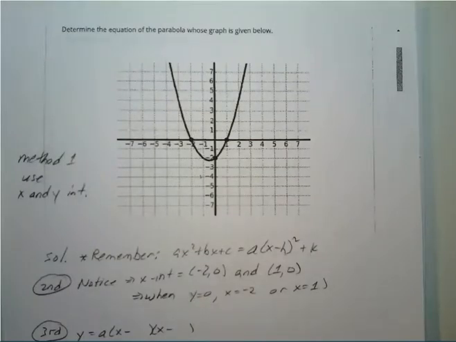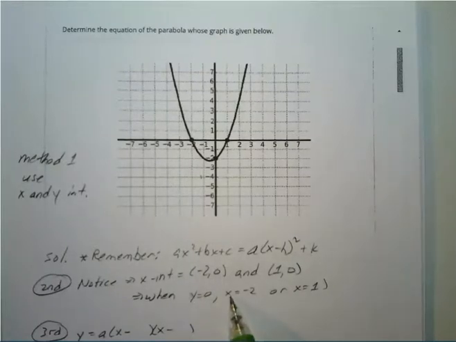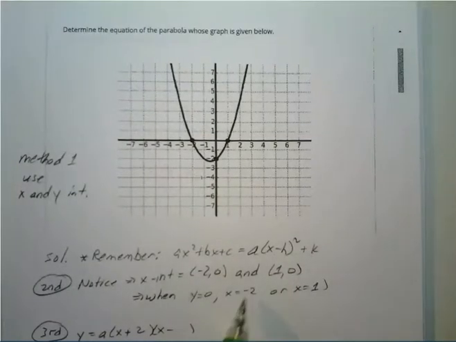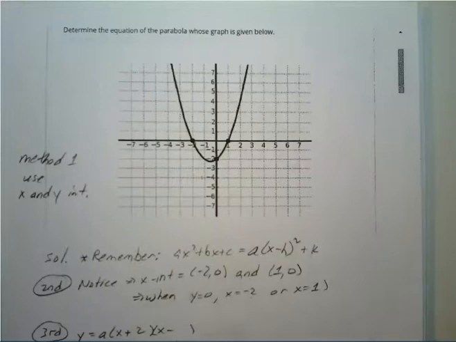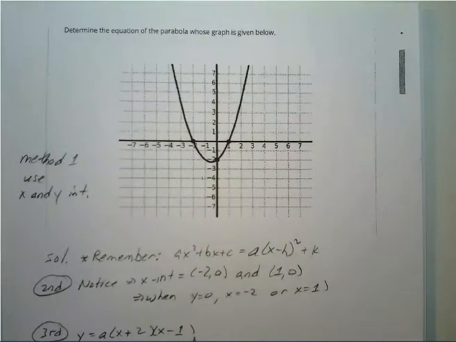So we know here that plugging in x equals -2 or x equals 1 will give us y equals 0. So if we plug in -2, we just change the sign, so we have x plus 2, and that'll make this whole thing 0. And here if you plug in 1, you have 1 minus 1, which is 0, which turns all of that to 0.